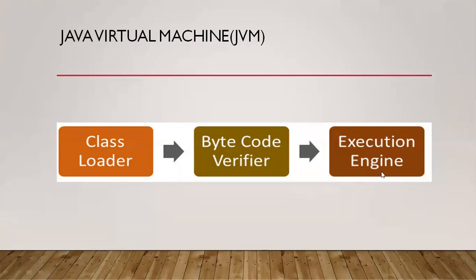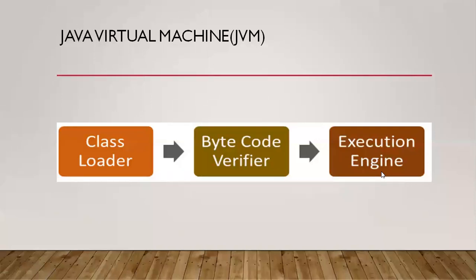The compiler is used to change the total program at a time. It will convert the total bytecode program into machine code. That is the compiler's job. What is the interpreter's job? It will translate the program line by line.